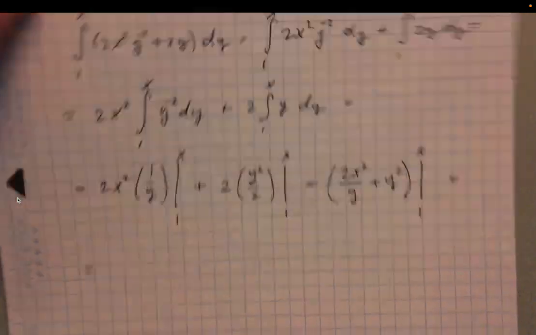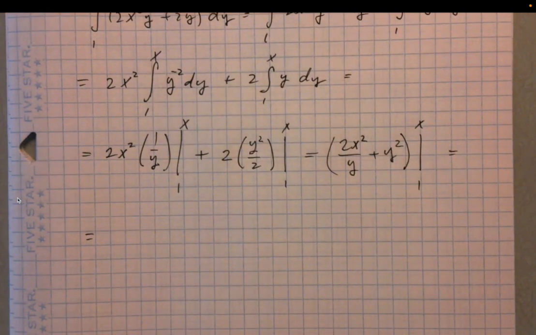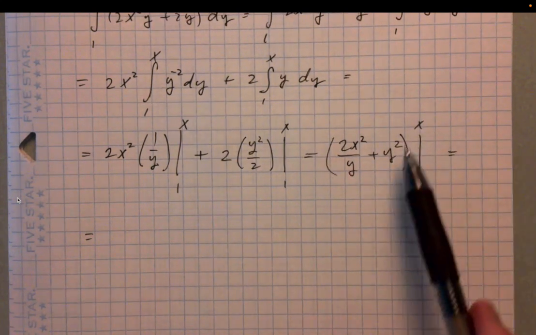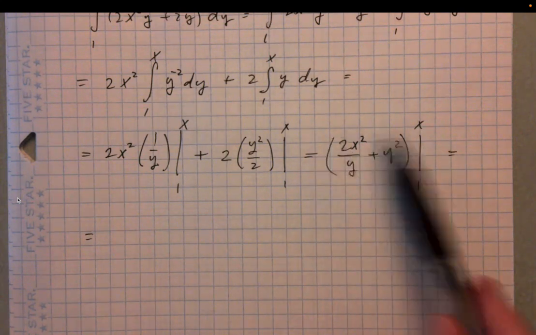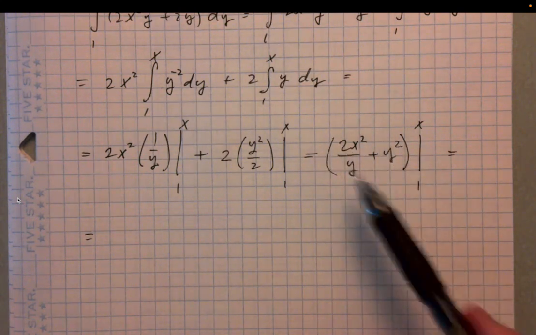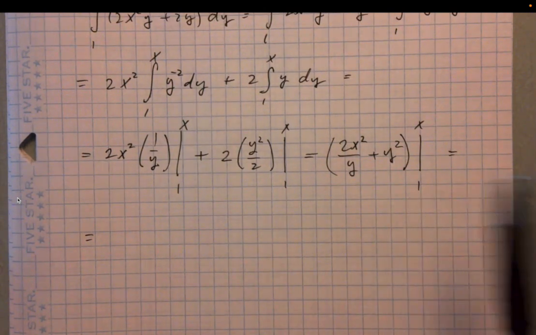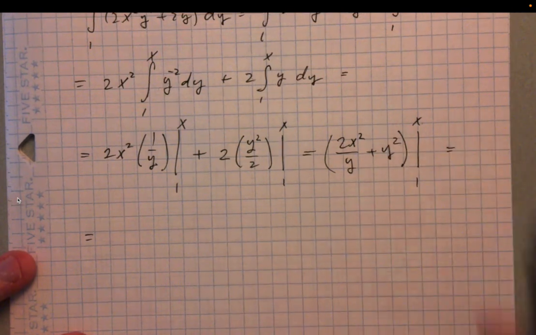Okay, now when we are evaluating these definite integrals, remember we're integrating with respect to y, so y is the variable where we're going to do the substitution, and that's essentially how you get rid of all of the y's in the function, and you end up with a function of x in this case. So everywhere you have a y, you're going to plug in x's here.